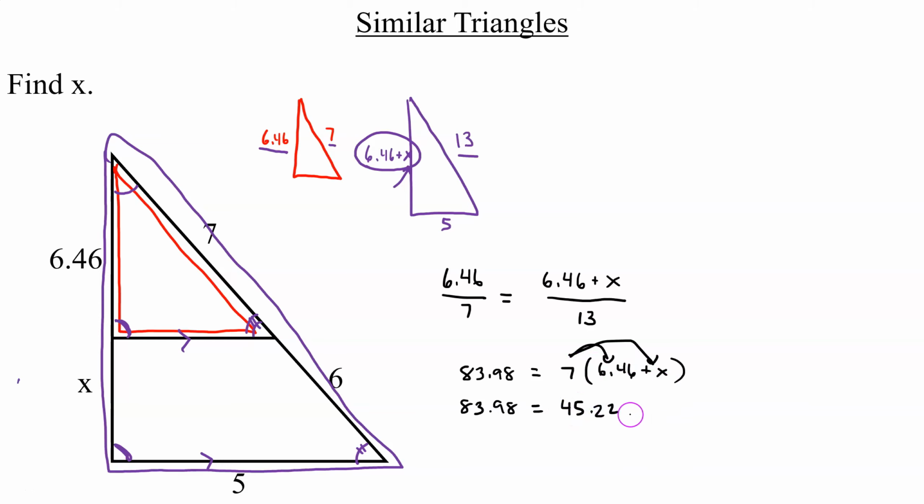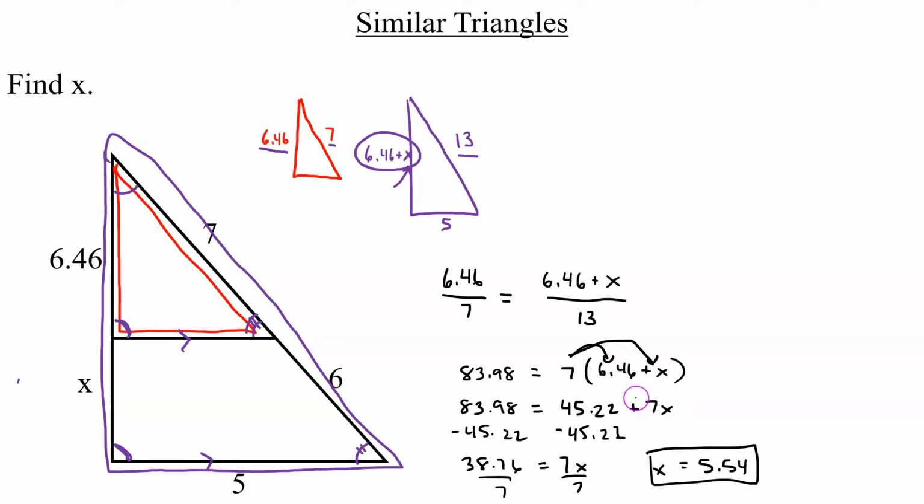And then 7 times x is 7x. Next step, we want to get x by itself. We're going to subtract 45.22 from both sides. And we end up with 38.76 equals 7x. And then final step, divide by 7. X equals 5.54.